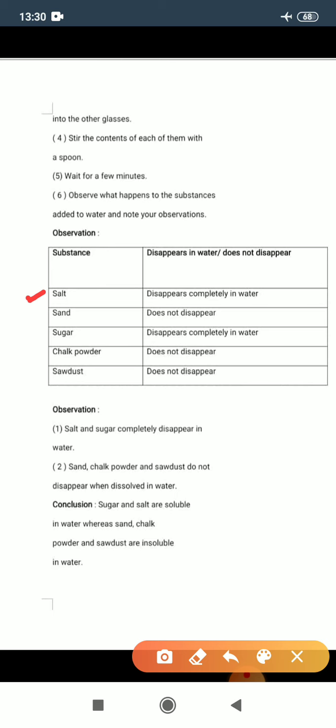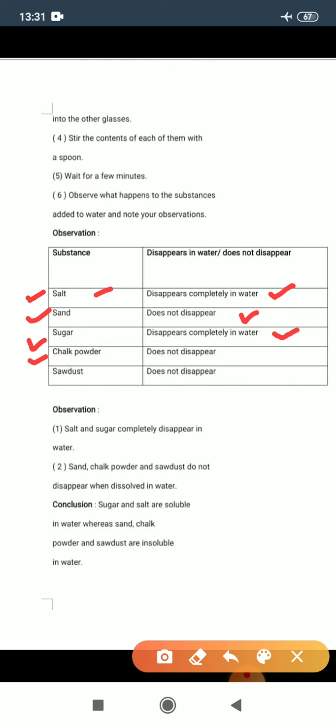First, salt. So everyone knows that salt is a soluble substance, so it will disappear completely in water. If we talk about sand, then sand does not disappear. Sand sinks in the water because it is an insoluble substance. If we talk about sugar, same as salt, sugar is also a soluble substance, so it will disappear completely in water.